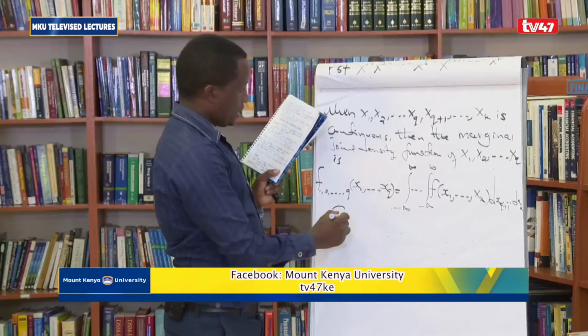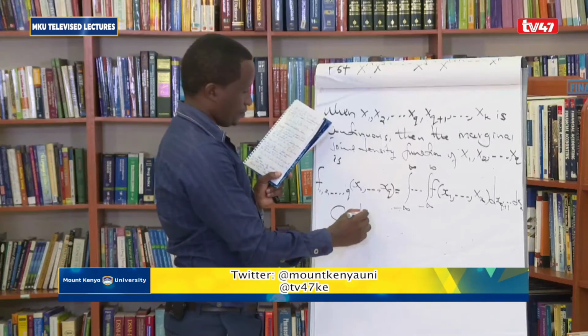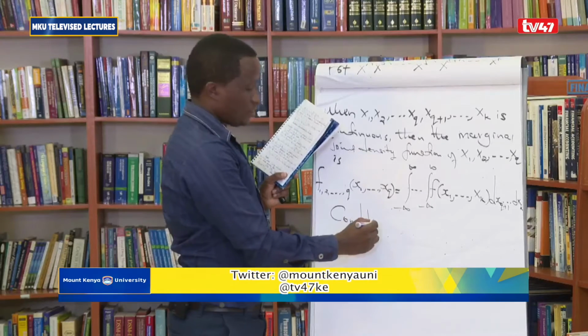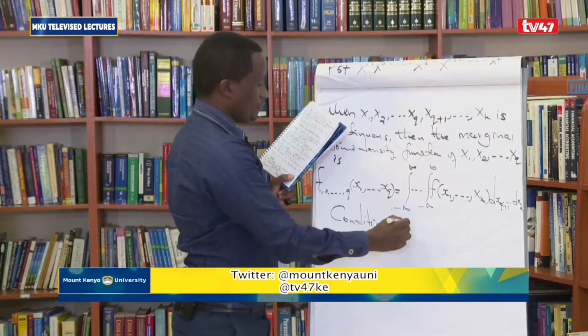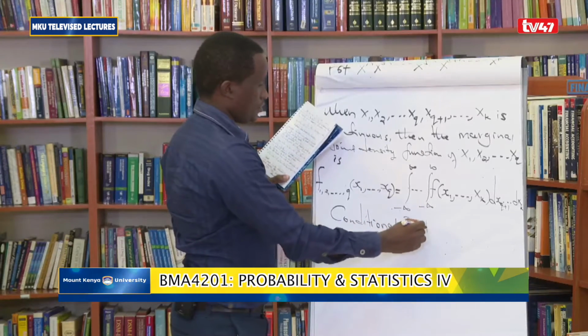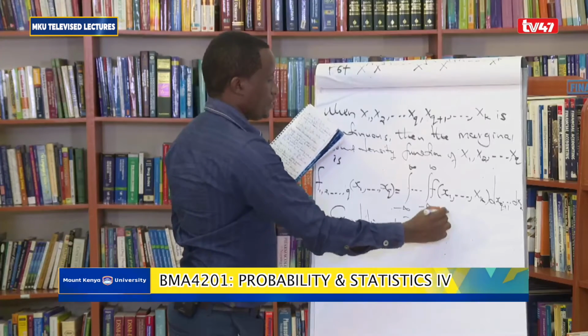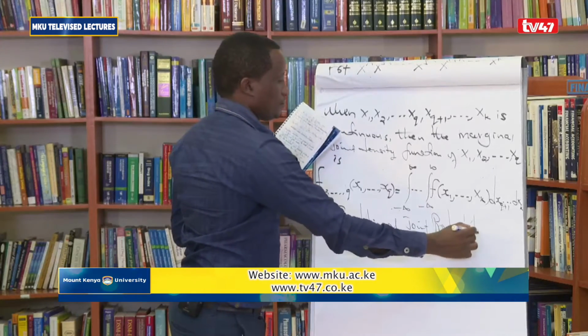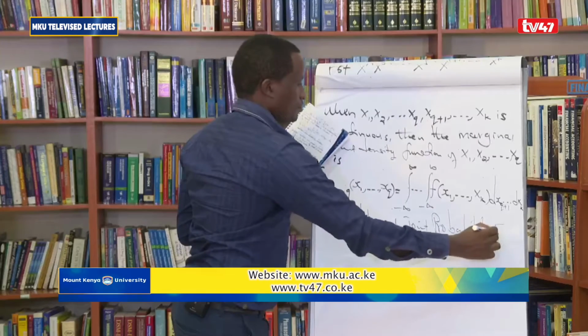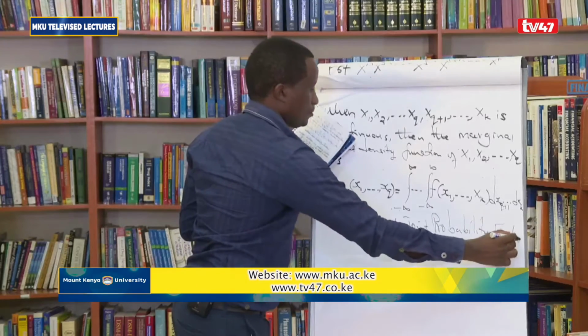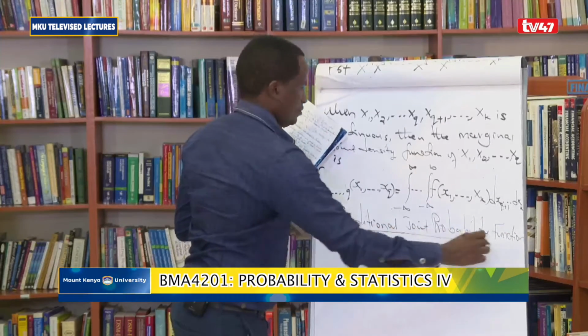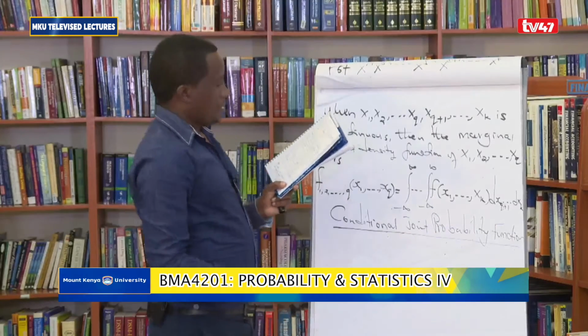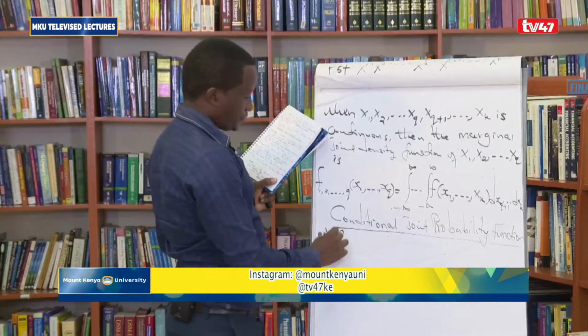Conditional joint probability function, definition.